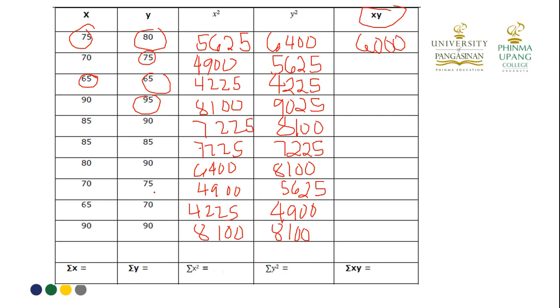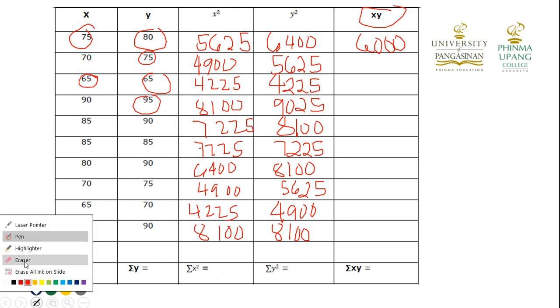What is 75 squared? 75 times 75, 5,625 po.